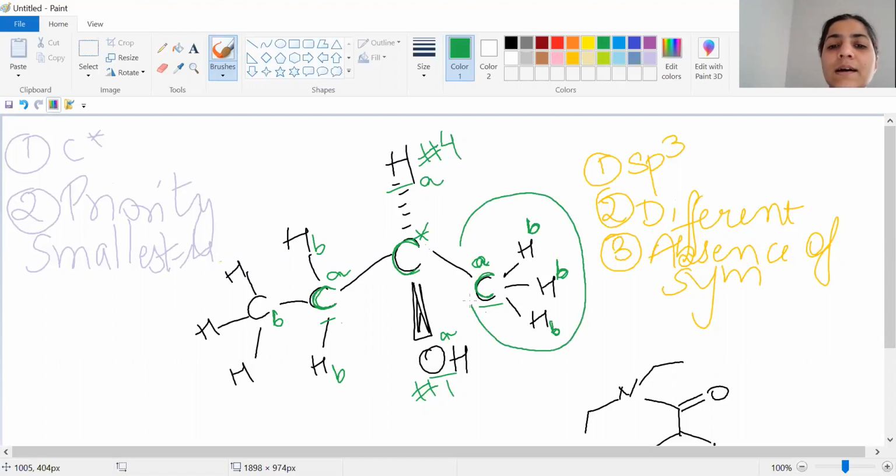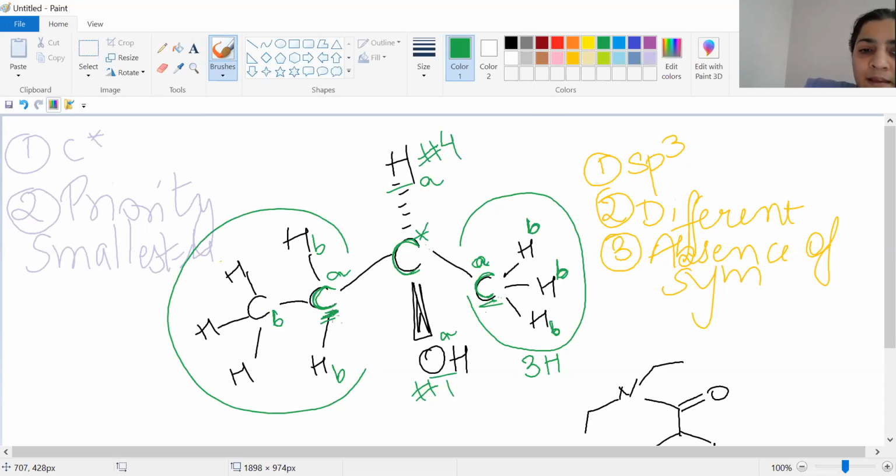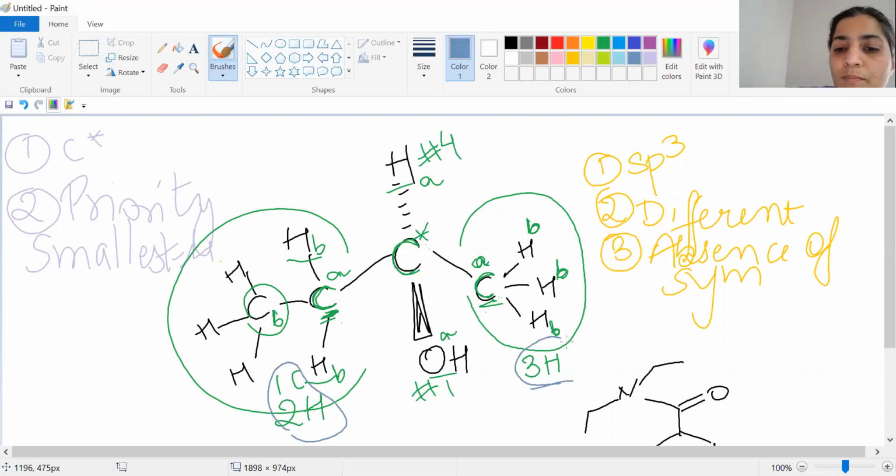On this side, since I cannot decide upon just carbons, I decide on this very carbon A. There are 3 hydrogens, whereas on this group, for this carbon A, there are 2 hydrogens and 1 carbon. So if you compete between these 2 B atoms, 2 of these hydrogens can cancel out with each other.